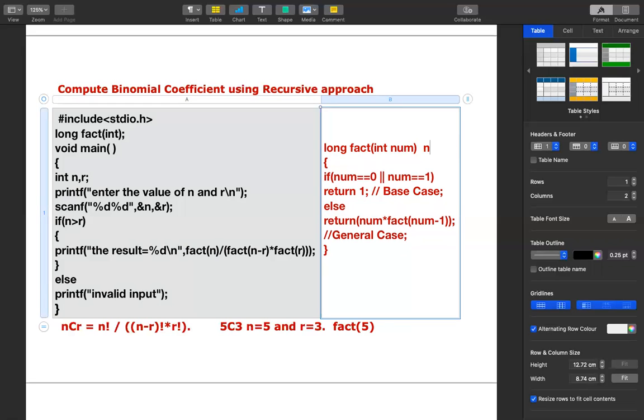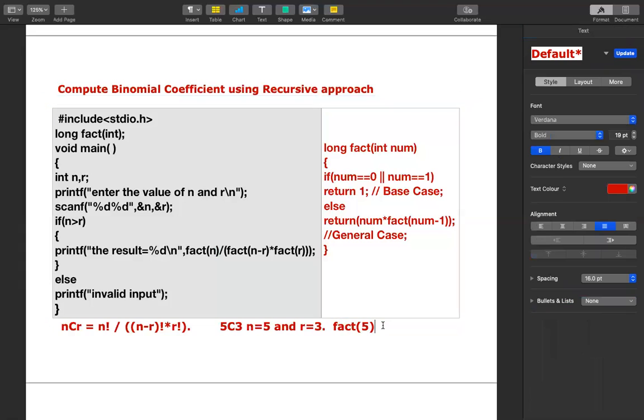So now let me write it down. Num is equal to 5, so fact of 5 has been called. As you all know, factorial of a number we have already resolved. How do you divide this into a smaller instance?